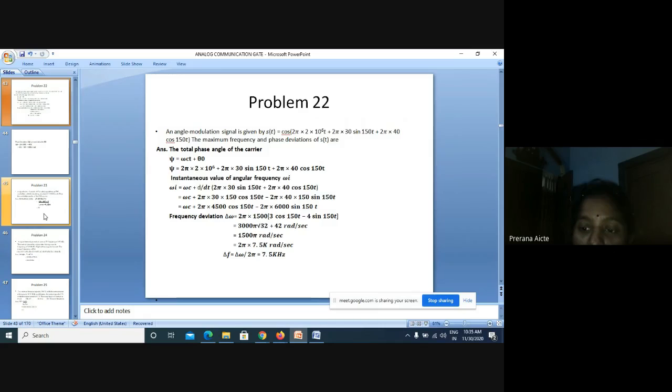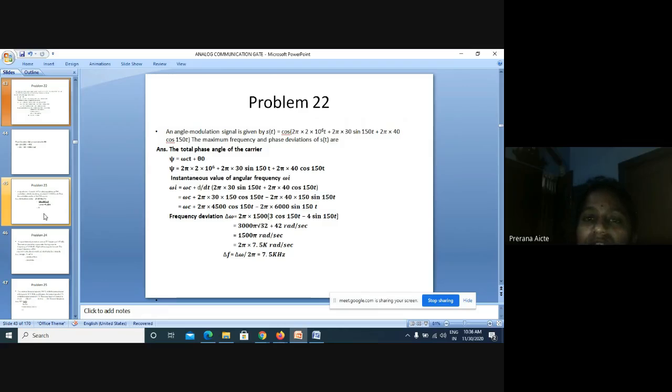The demodulation techniques for FM include the Foster-Seeley technique and the slope detector, the ratio detector. When we come to the demodulation of FM, we do the reverse process.